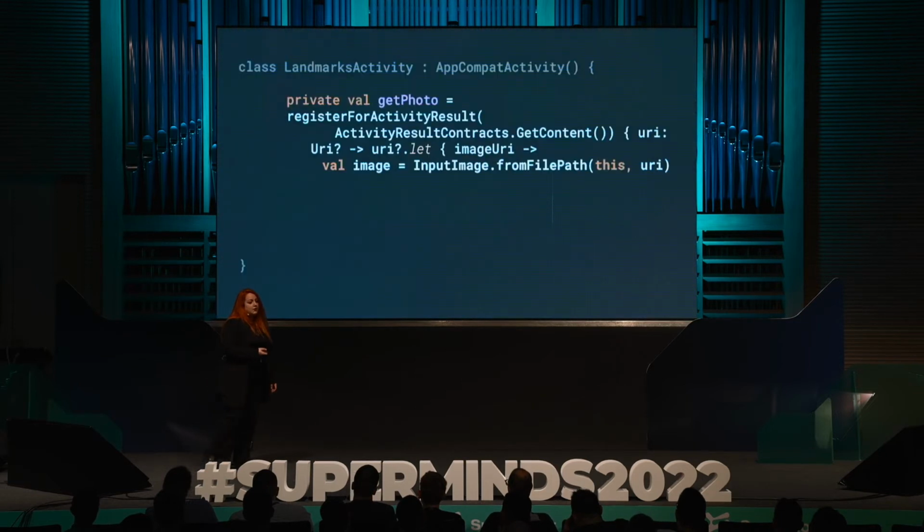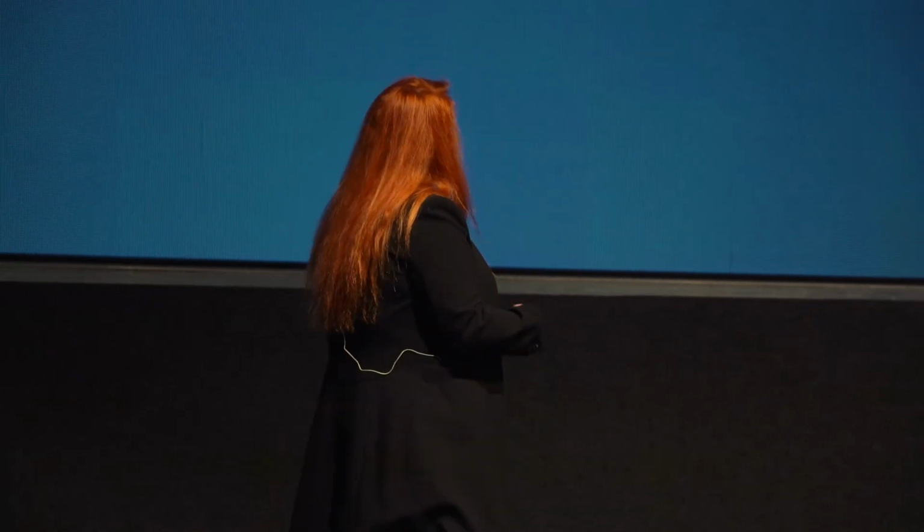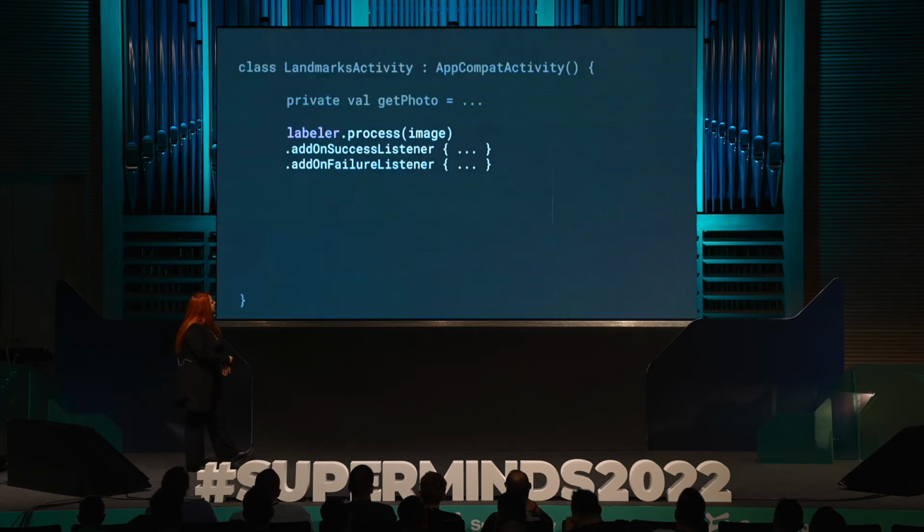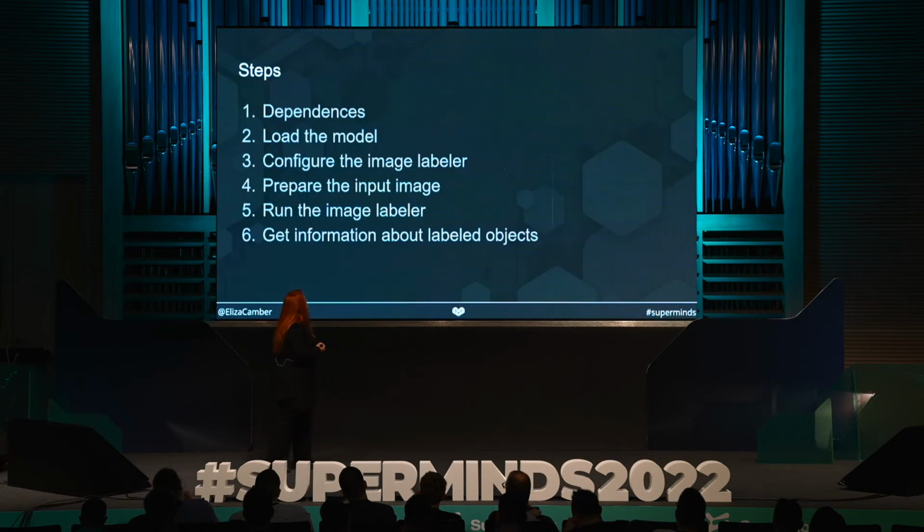This time, we're going to get it from the gallery, so we're going to create it through a URI. The input image, again, is the object that we want to use, but this time it's going to be from a file path. And we're going to run the image labeler. Again, it's the same thing. We just call the process, we feed it with our image, and then we have the two listeners.